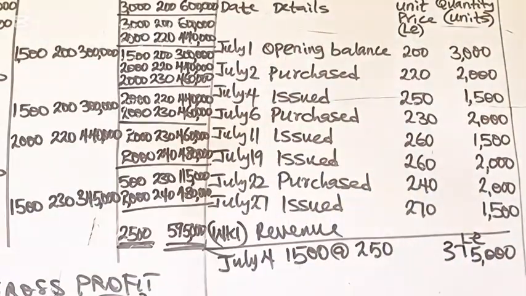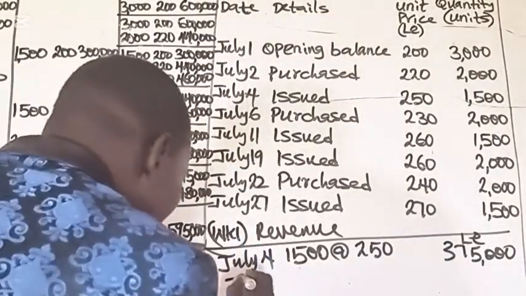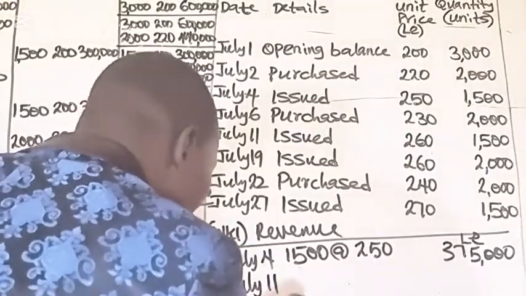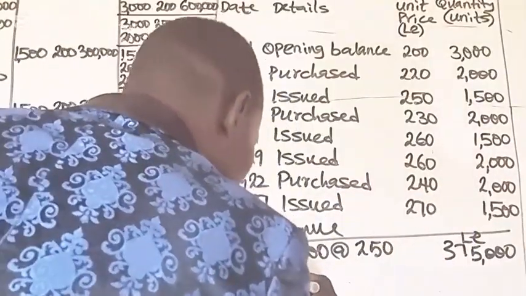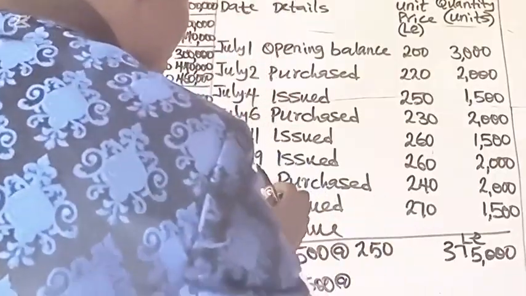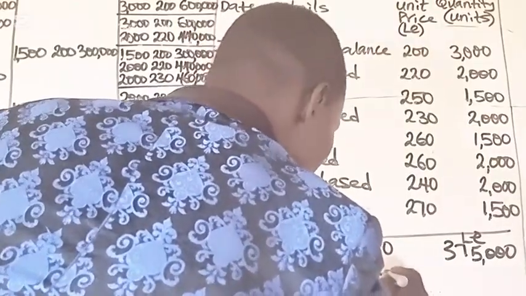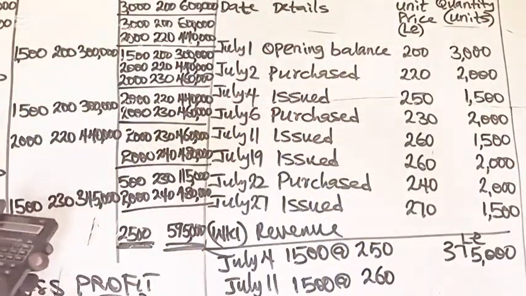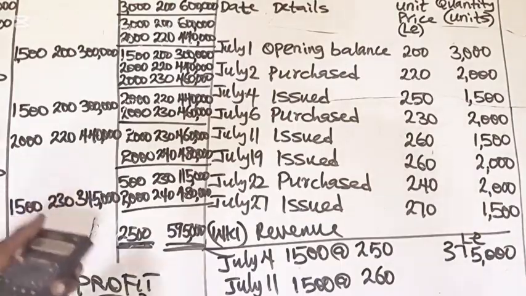After July 4, another sale was made on July 11. That is 1,500 as well, at the price of 260 Leone. 1,500 times 260 gives us 390,000.